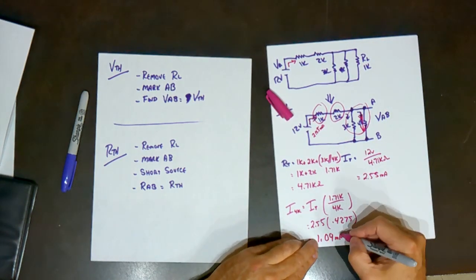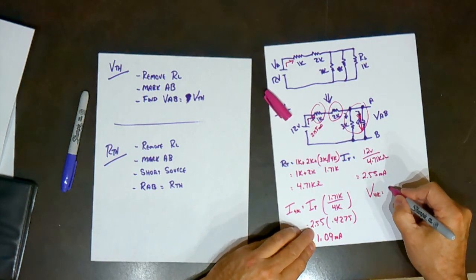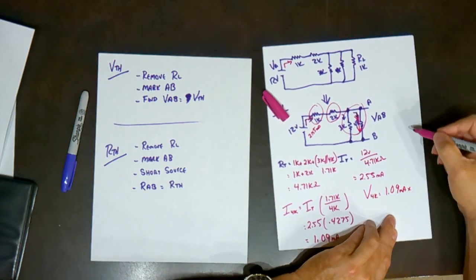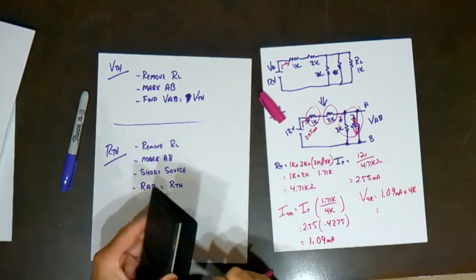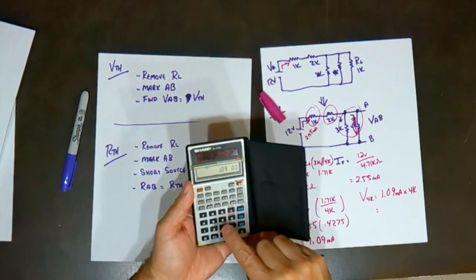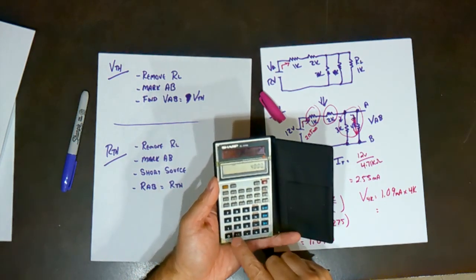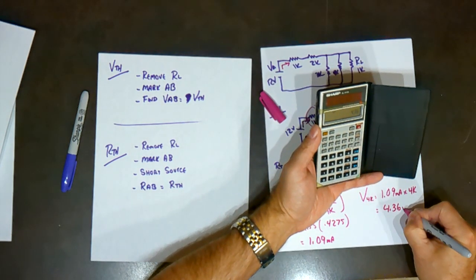So we can use that to calculate the voltage across the 4K resistor is equal to 1.09 milliamps times 4K. So 1.09 milliamps times 4,000 equals 4.36 volts.